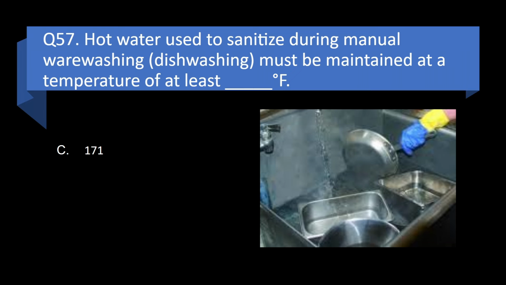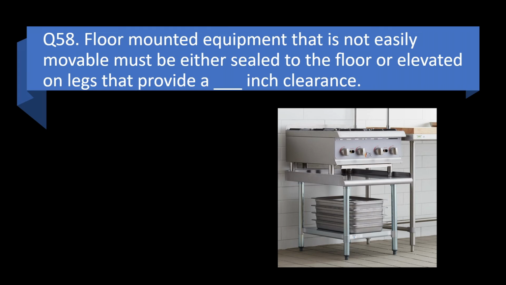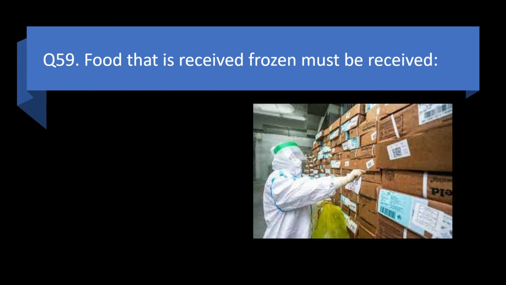C. 171. Question 58. Floor-mounted equipment that is not easily movable must be either sealed to the floor or elevated on legs that provide a blank inch clearance. 1, 3, 4, or 6. D. 6. Question 59.